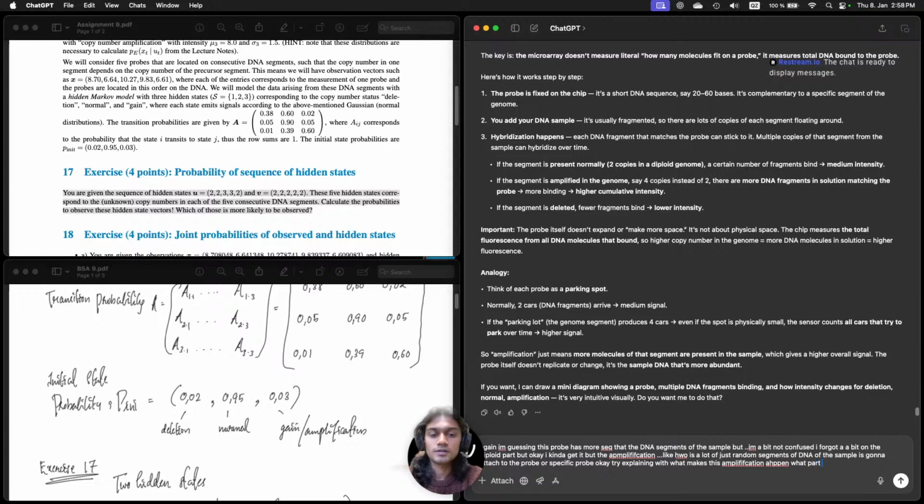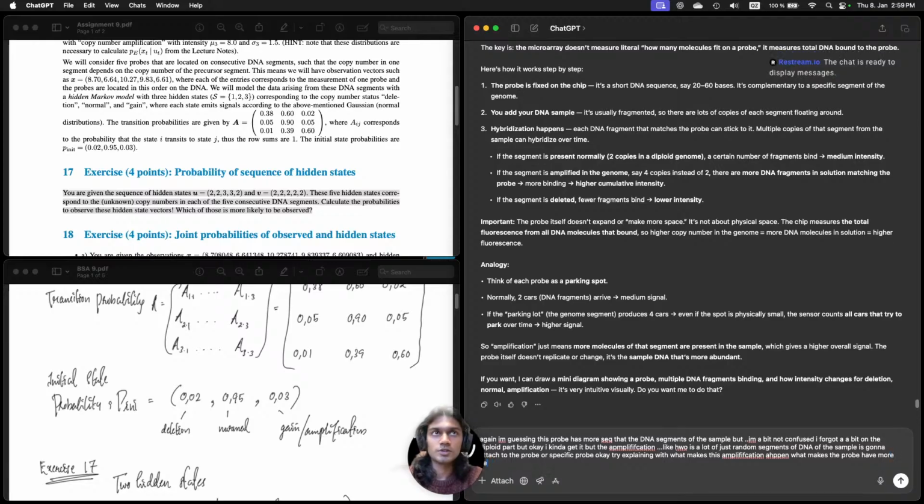What part of the probe makes it have more sequence segments of DNA of the sample attach than the normal?